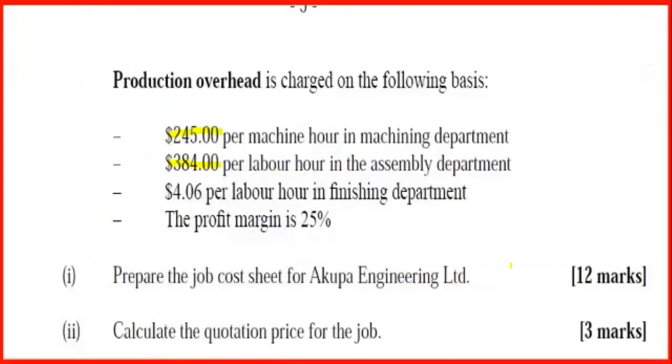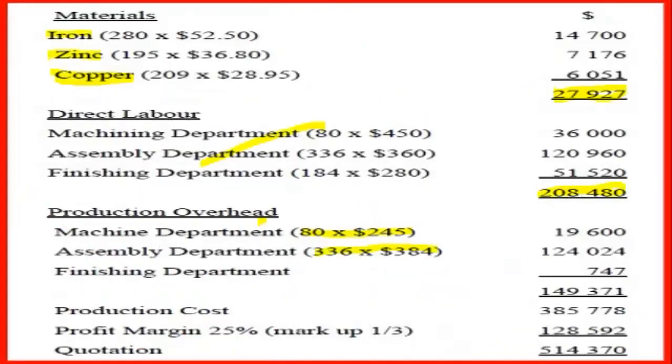So 184 by 4.6, and we should get 747 here. When we add the 149, 27, and 28, we'll get 385. Okay.